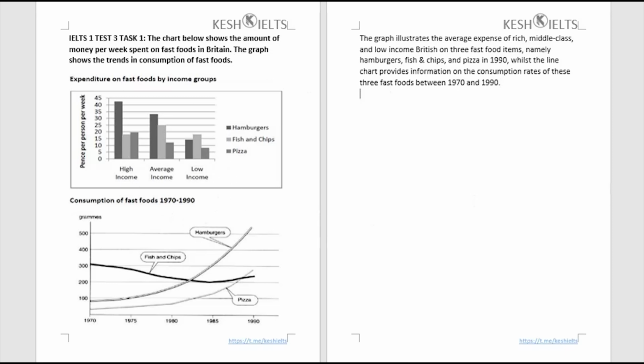I'll try to give both overall. Affluent. Let's try to use a wide range of vocabulary to get higher marks.